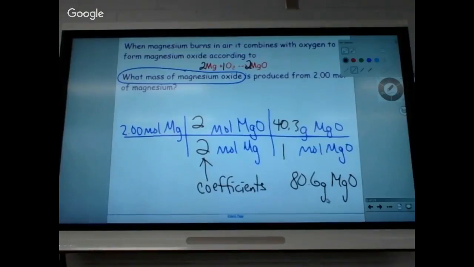Okay, so that's the bottom. We're just going to change the compounds. If you want to change compounds, what unit has to go on top? In order to change compounds, you can't go to grams.